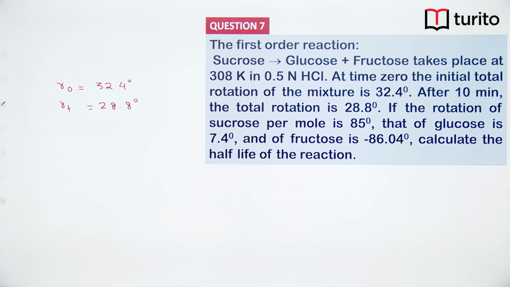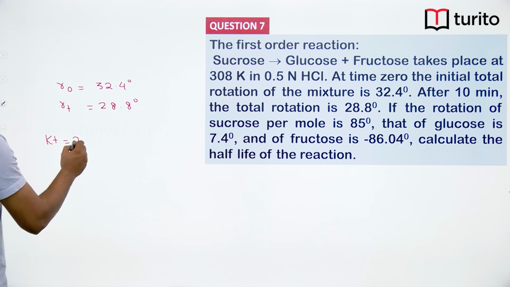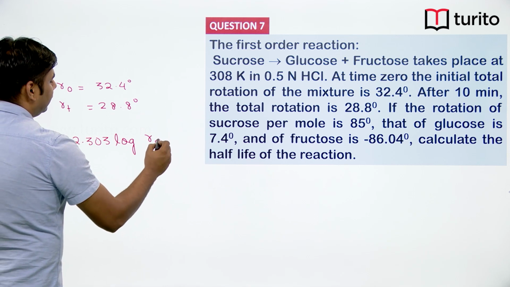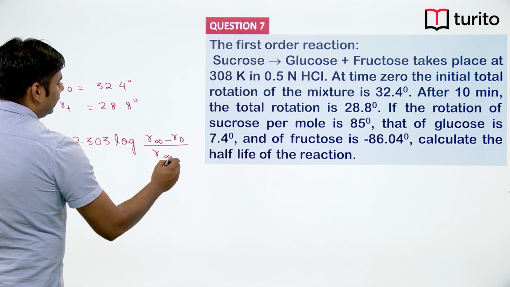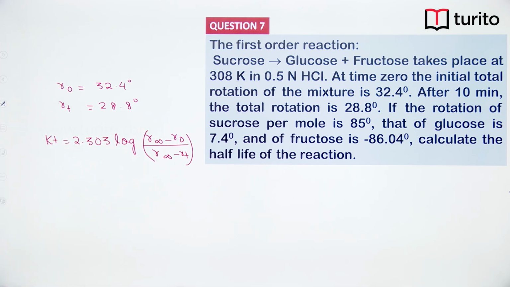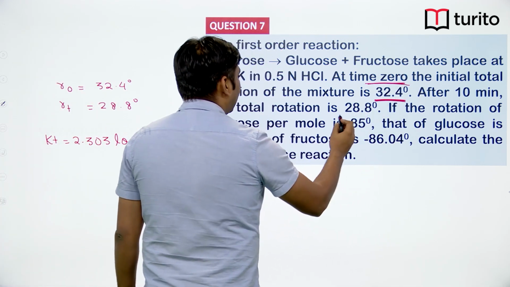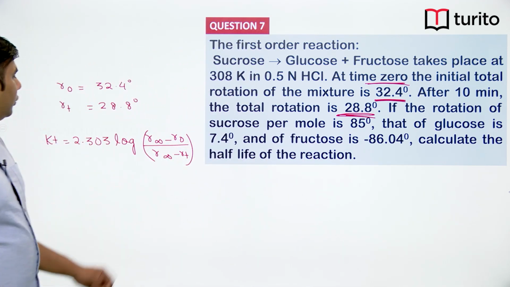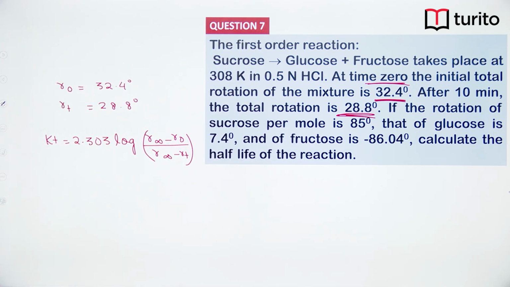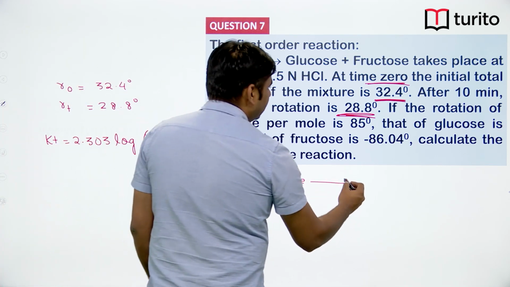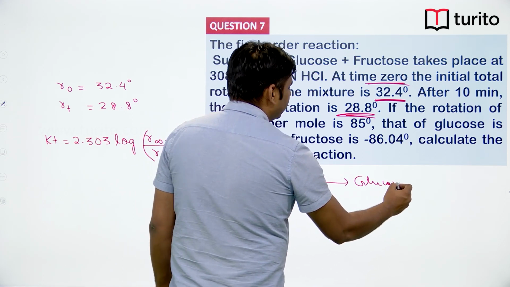If you look at this question, Kt is equal to 2.303 log of R infinity minus R naught upon R infinity minus Rt. We know the value of R naught, which is 32.4 at time t equals 0, and Rt, which is 28.8, but we don't know the value of R infinity. This reaction is sucrose getting converted into glucose plus fructose.